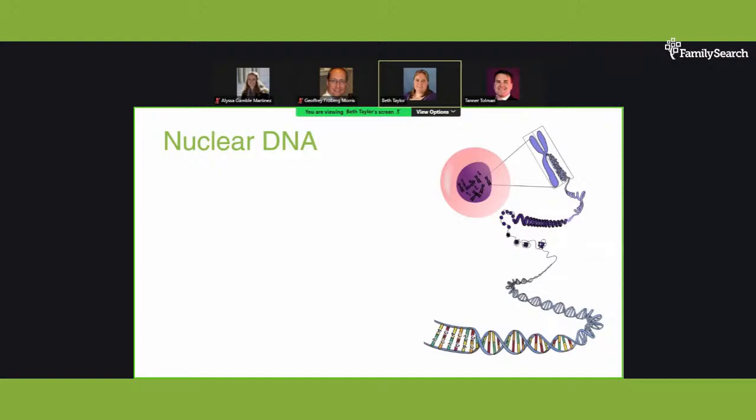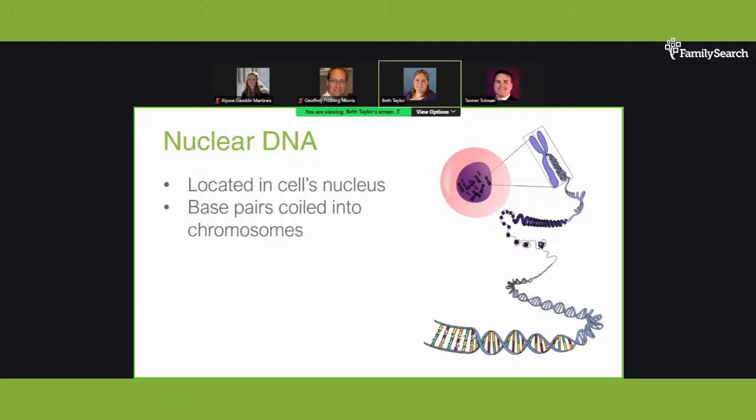Now, there are 2 types of DNA that we use for genealogy purposes. First, we have the nuclear DNA, and this is DNA that's found in the nucleus or the center of most cells within your body. In these cells, those base pairs that we're talking about, the nucleotides, are coiled, smashed together into packages that we refer to as chromosomes.